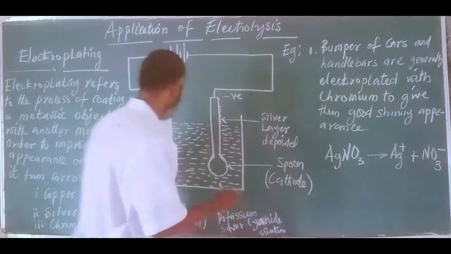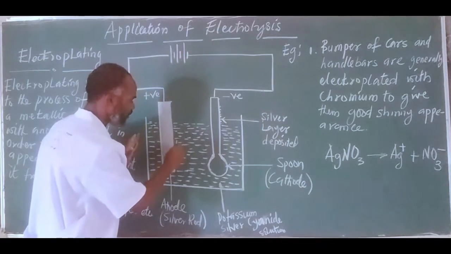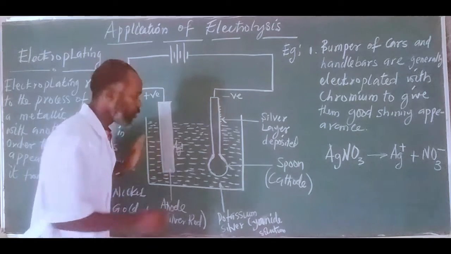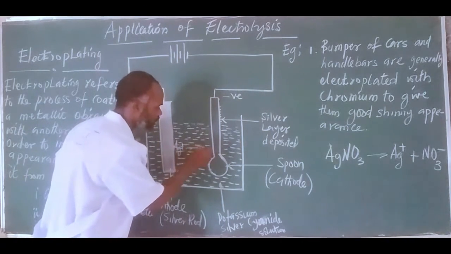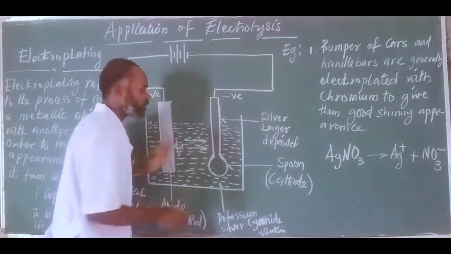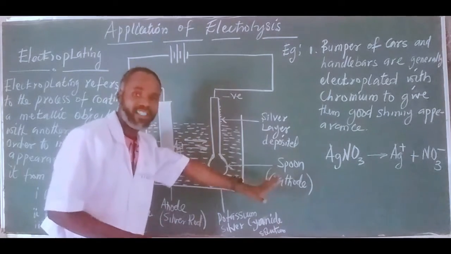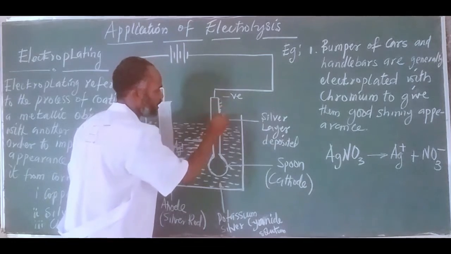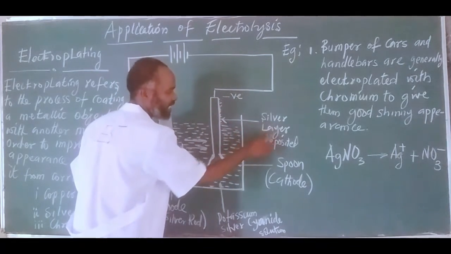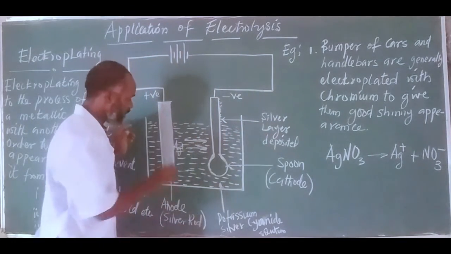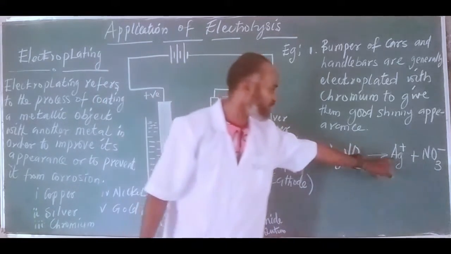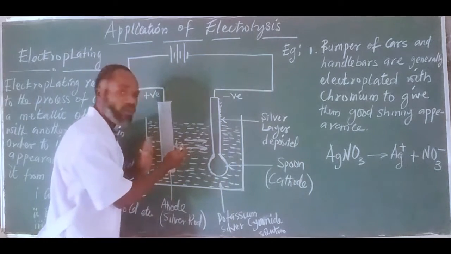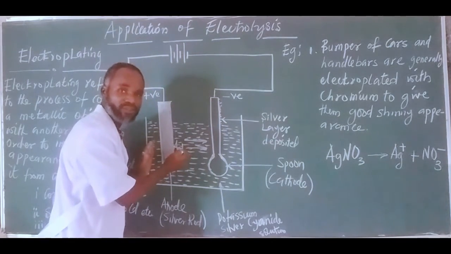The positive ions, which you will see around this place, the silver ions, will drift towards the spoon and deposit there. Deposit on the body of the spoon. Look at it. This dot you see represents the silver layer deposited. Ag ion, silver ion, because they are positively charged ions.